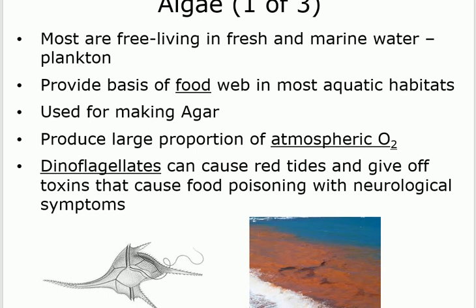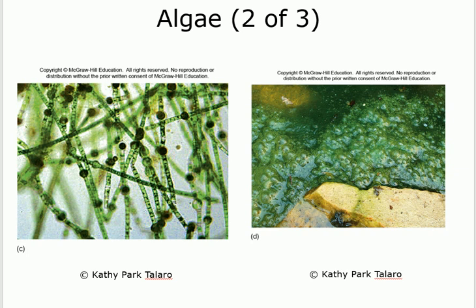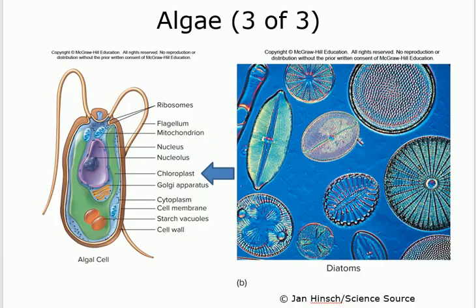If you go swimming in it, you can get poisoned, and the toxins can be harmful to our nervous system. So this is the algae. See, it's green because they have the chloroplast or the chlorophyll. This is the algae cell itself.